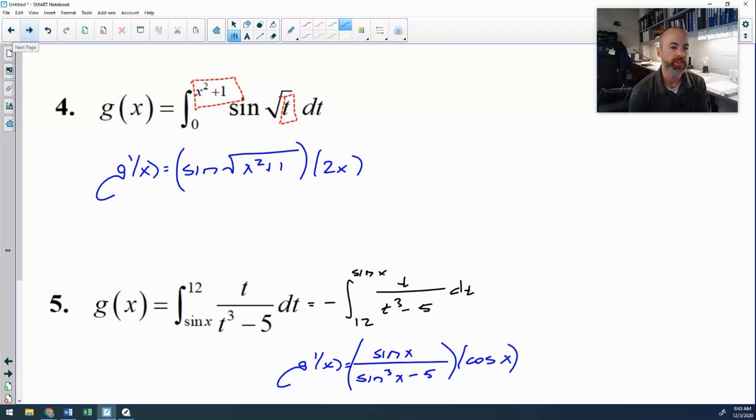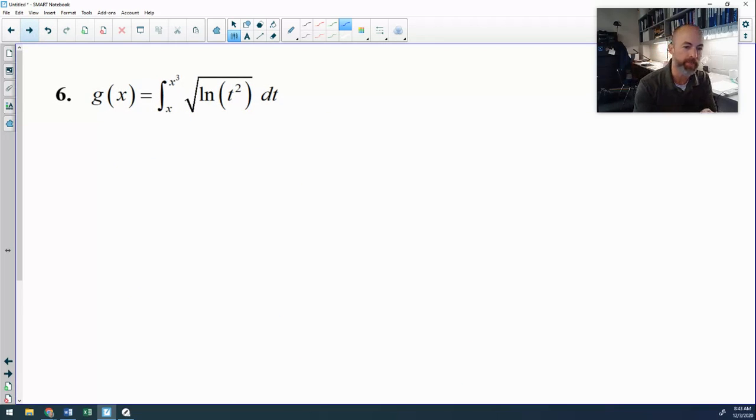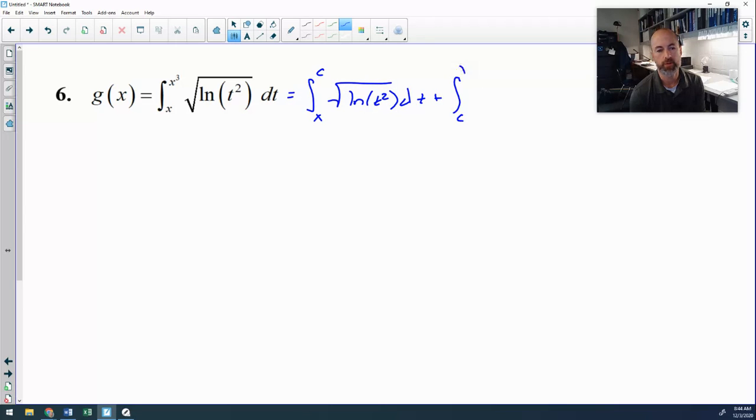And then one more situation, and I'm not going to go into details about the proof of this, but if you have a variable to variable, there's no constant here, we do have the option. I'll show you very quickly what the mathy way of doing this is, but you really want constants in here, so what you could do is split this integral using one of the properties of antiderivatives, and I could change this from x to any constant of the square root of the natural log of t squared plus the antiderivative from constant to x cubed of the square root of the natural log of t squared dt.